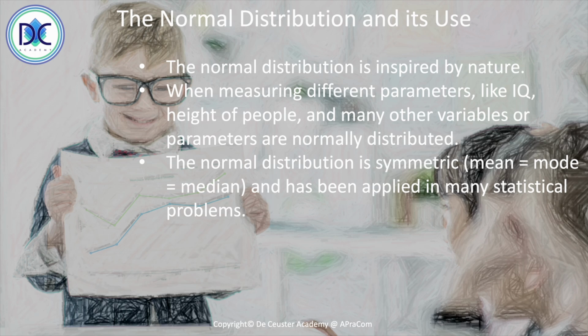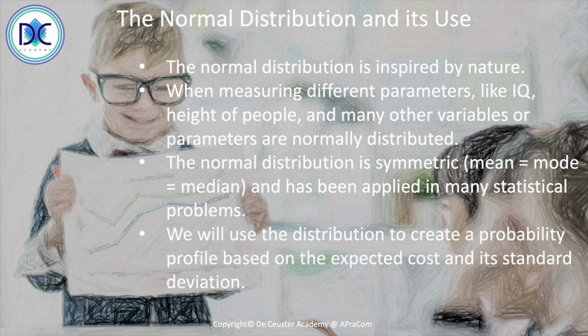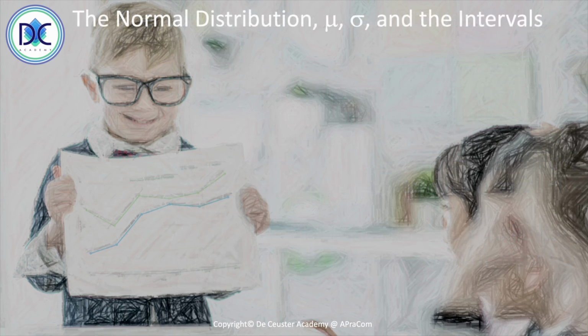The normal distribution is a symmetric distribution, which means that the mean is equal to the mode and it's equal to the median. And it's applied in many statistical problems. For example, quality control, we're typically using a normal distribution. We will use this distribution to create a probability profile based on the expected cost and its standard deviation.